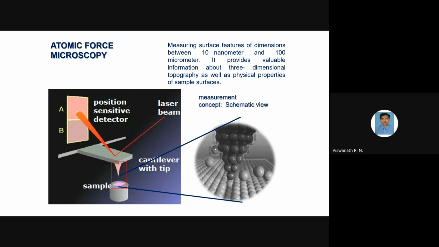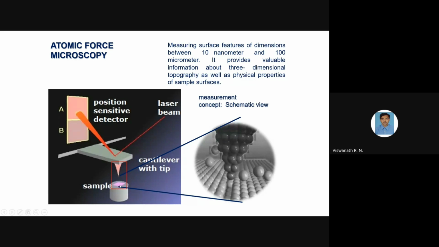So what it is making is this cantilever moves in this direction, this direction, this direction, X, Y, Z. Initially they adjust the position in such a way that there is an interaction force that is recorded, measured. So the instrument can measure the forces between the two objects when the tip is coming closer.